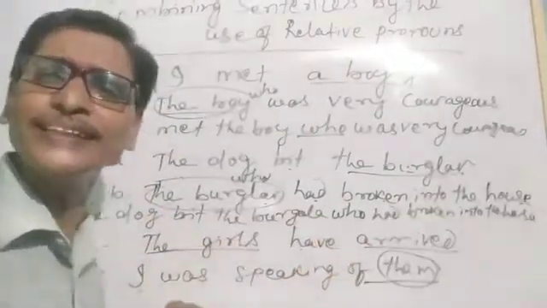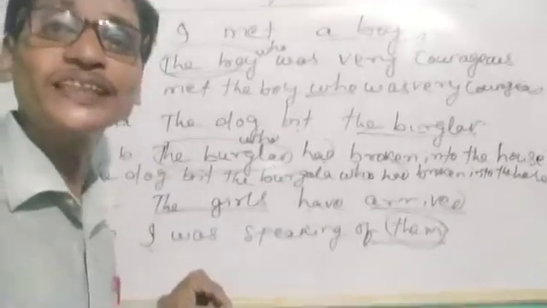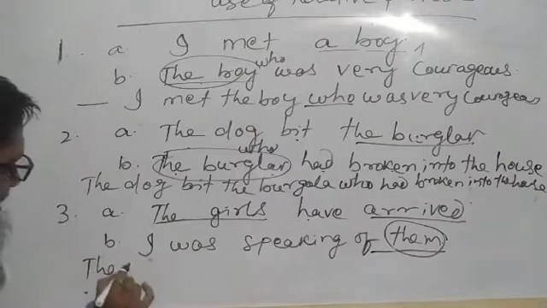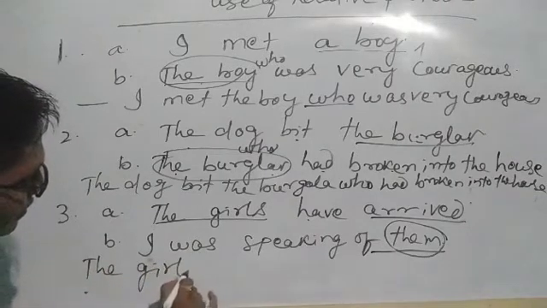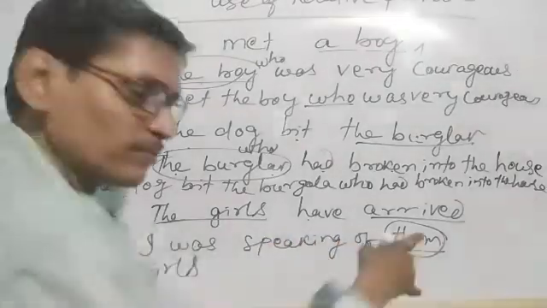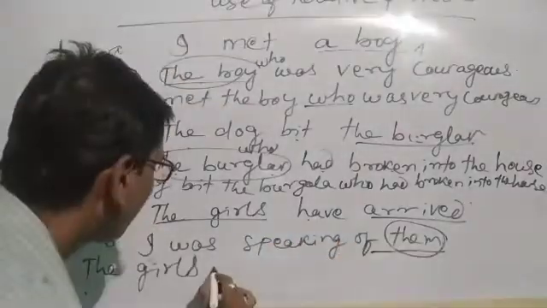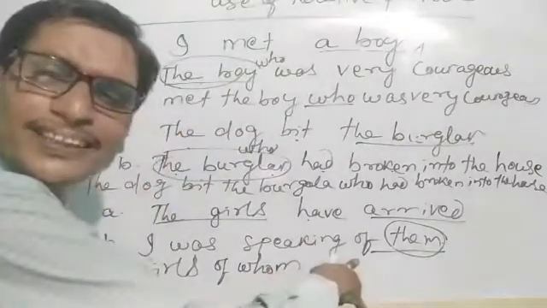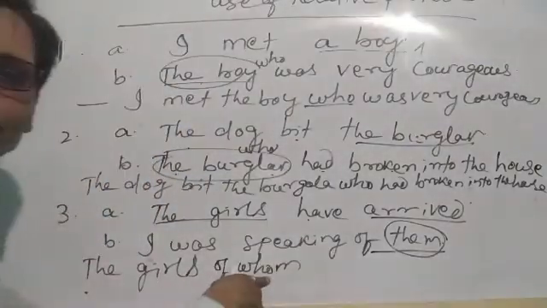How can we write this? Because here is the object, what will we write there? The girls of whom, because here there is a preposition, of whom. Because a preposition is used, therefore we have used whom.